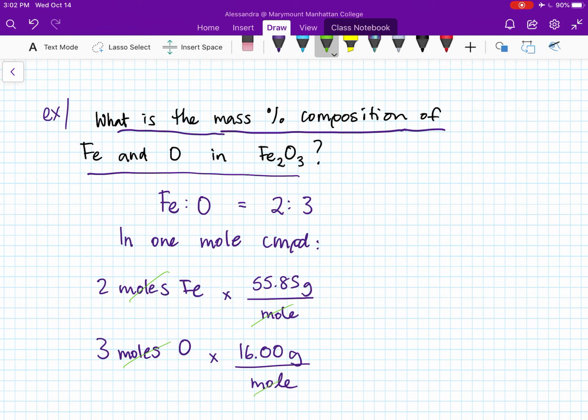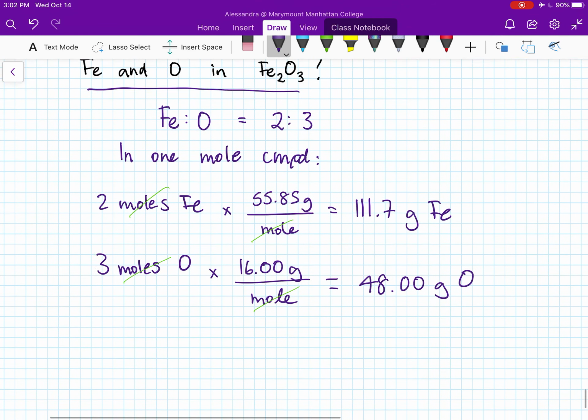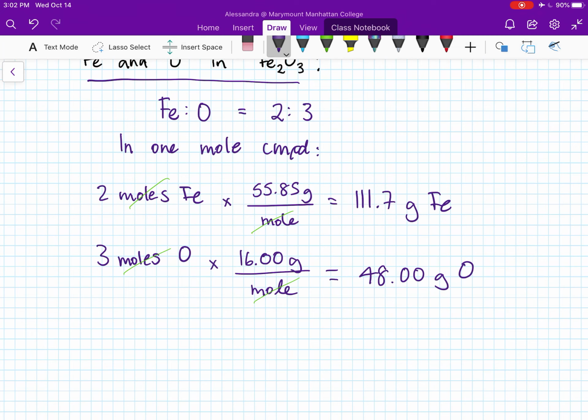So doing that, I cancel out my moles and I get 111.7 grams of iron and 48 grams of oxygen. So that is going to give me the number of grams of each atom in the compound. And I can also figure out the molecular or molar mass of the compound, of the whole thing, of Fe2O3.